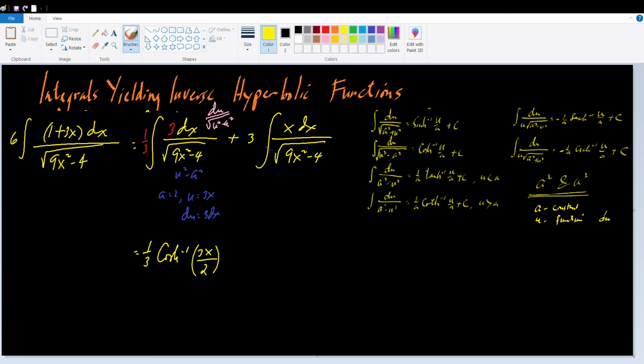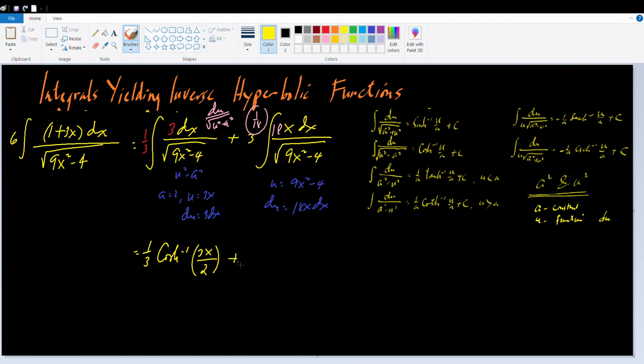For the second integral, the appearance of x dx tells us that our u is the entire radicand 9x squared minus 4. So we take 9x squared minus 4 as our entire u, and your du is 18x dx. So we have already x dx.